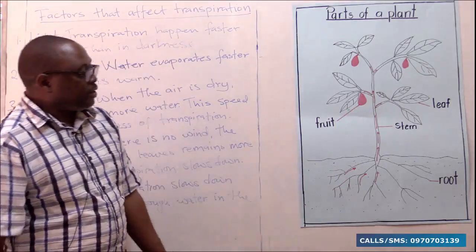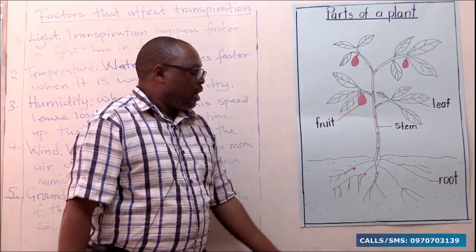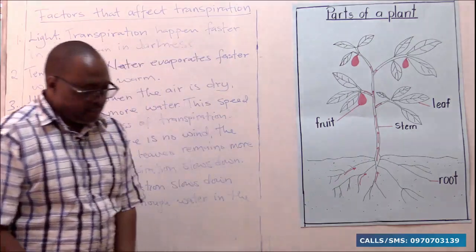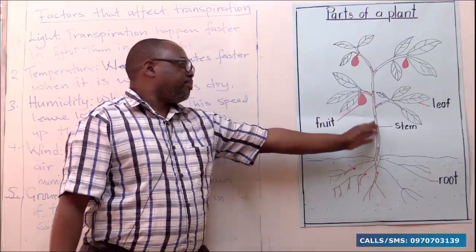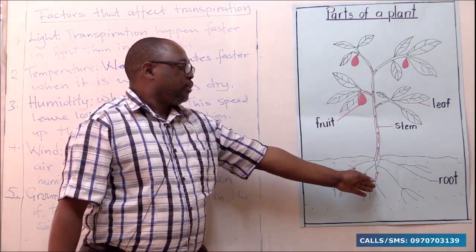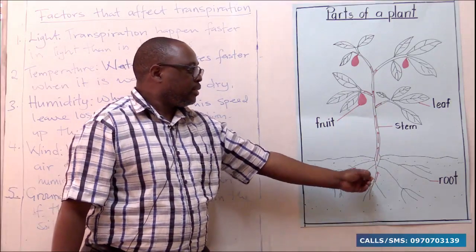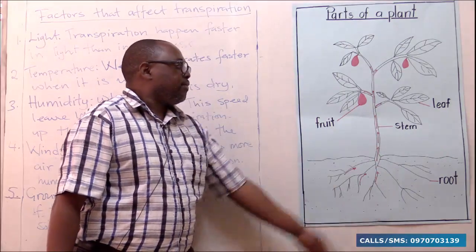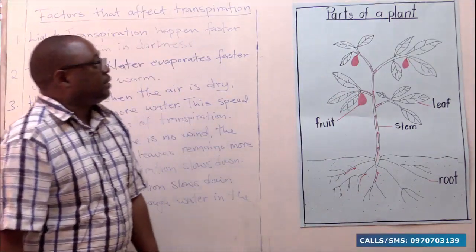We looked at the roots, which are responsible for absorbing water and nutrients from the soil through the process called osmosis, and also that the water is pulled up in the stem through the tissues called the xylem, and also the tube-like vessels called the phloem, to the leaves.